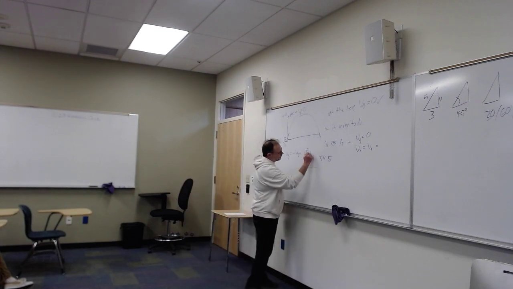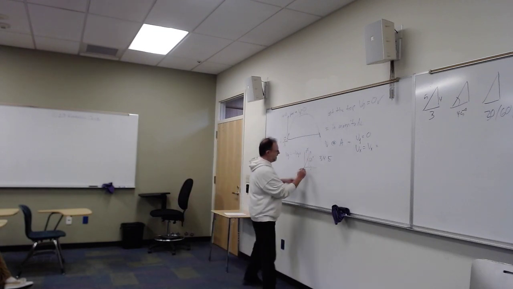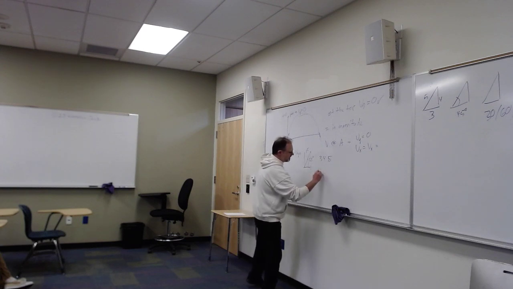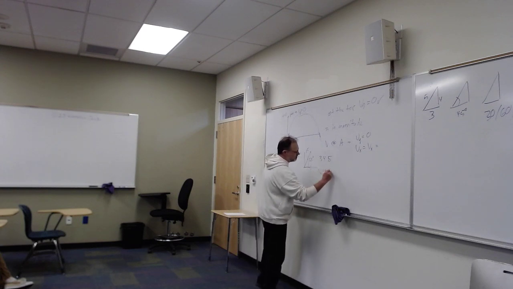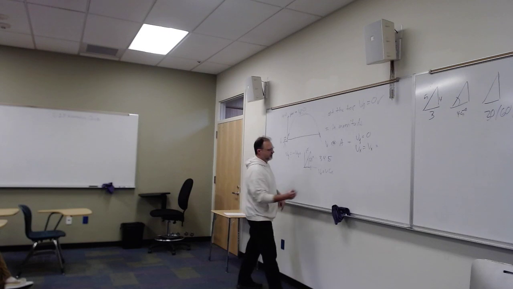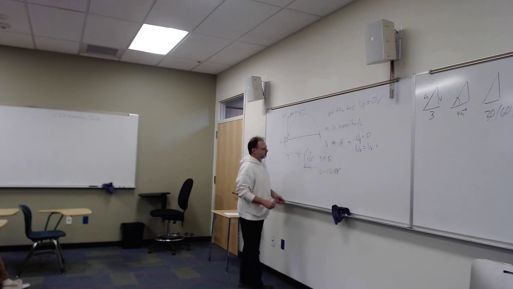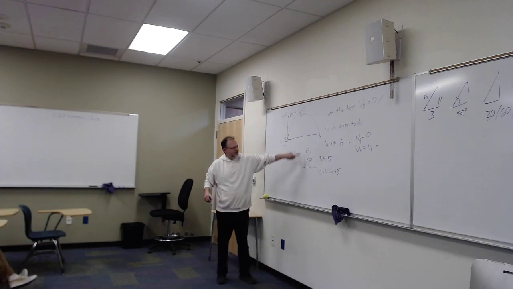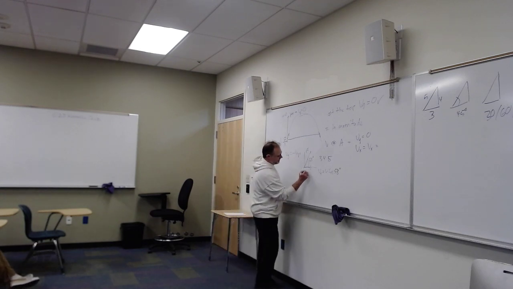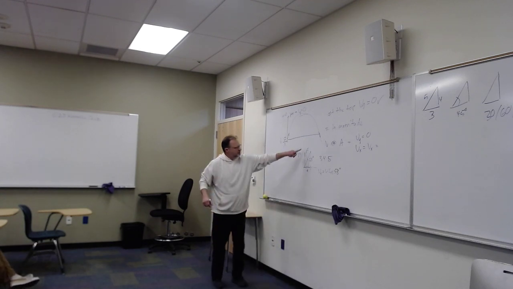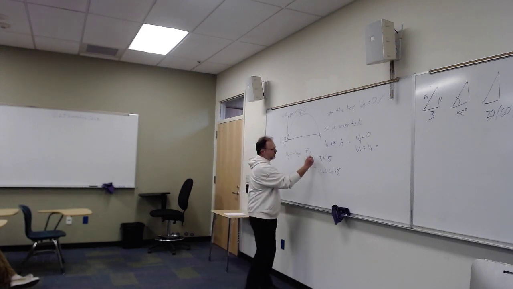Or you can simply say that Vx is equal to V cosine of 53 degrees. This is 5 times 3. This would be 3 times 3 or 9. This would be 4 times 3 or 12.